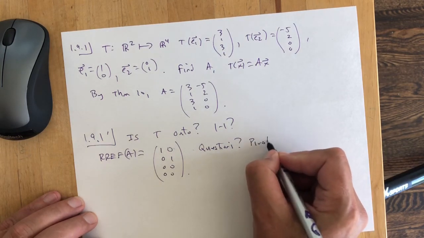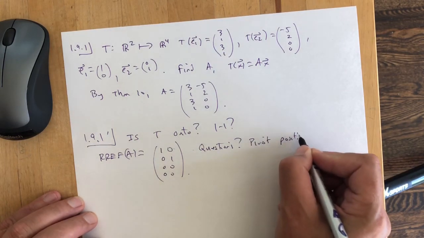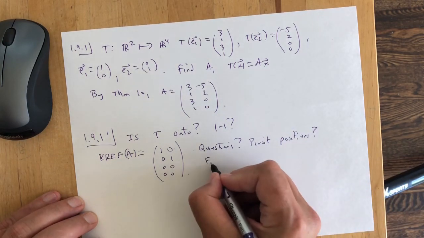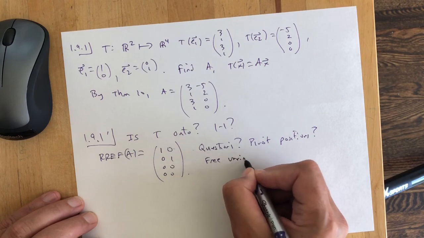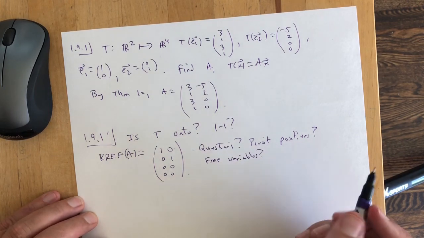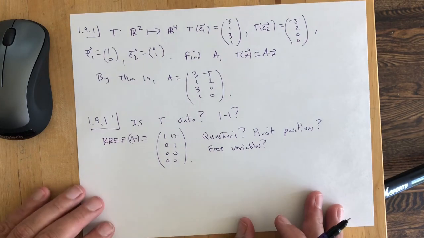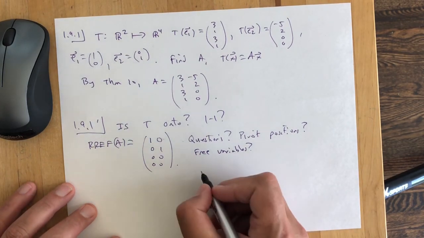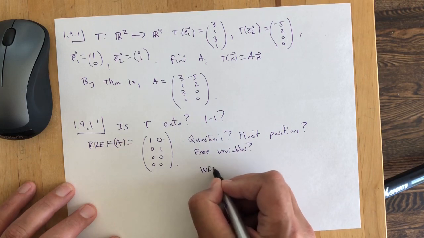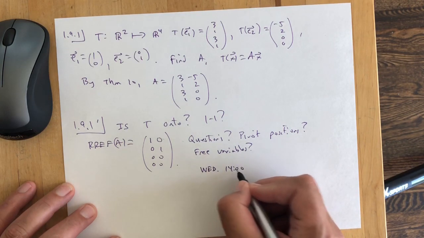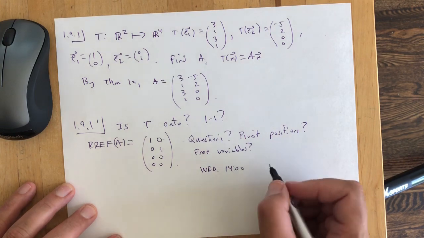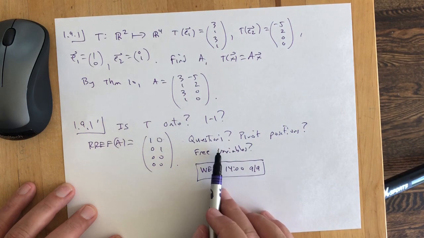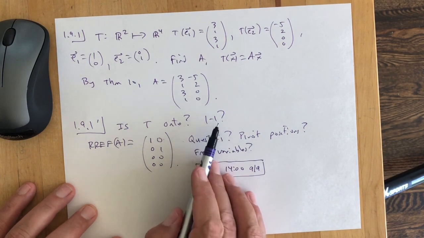How many pivot positions are there with respect to the rows? How many free variables? Okay. So when I see you Wednesday at 2 p.m., I want answers. Is T 1 to 1? Is it onto? And if so, why?